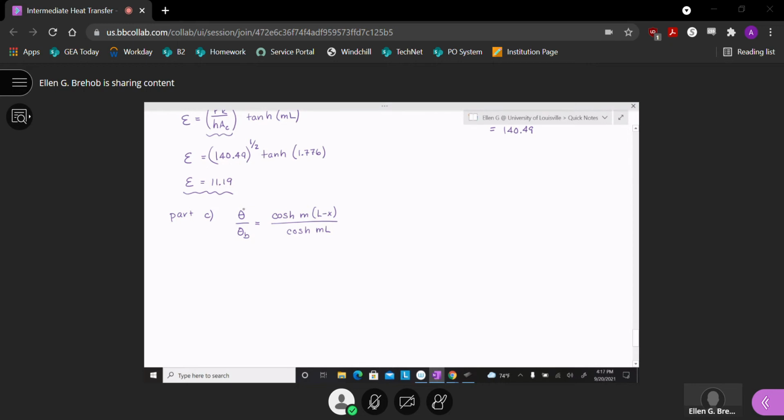If we expand this out, this theta is the temperature that we want, at the tip of the fin minus T infinity.